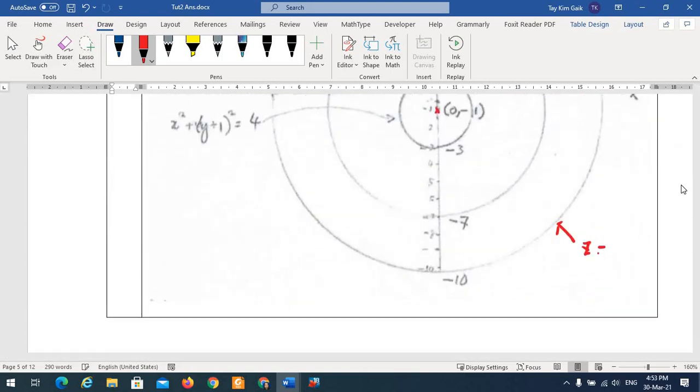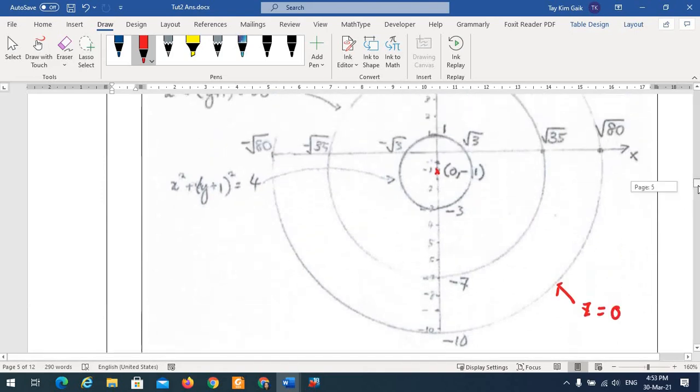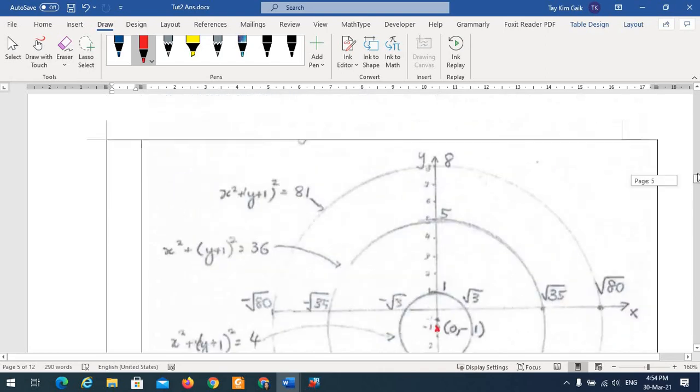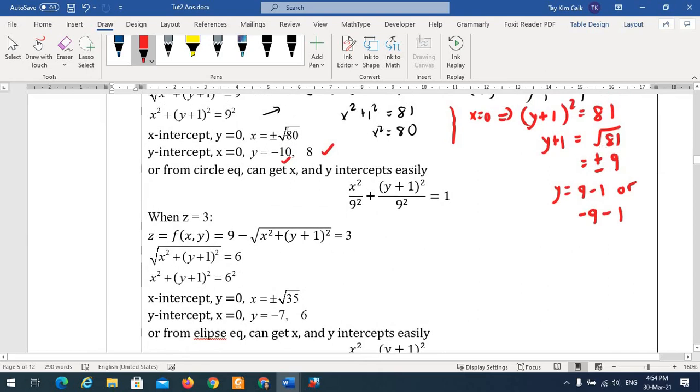Or here, if you know the center of your circle is x 0, y negative 1, so from negative 1, go down 9 more units, so this is negative 10. Okay, and for the bigger circle, the x-intercept, this is positive square root of 80 and negative square root of 80. This one here, positive negative square root of 80 when y is 0.